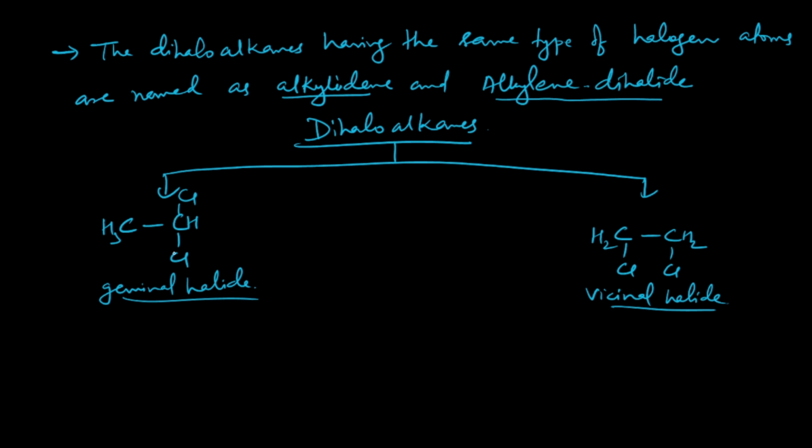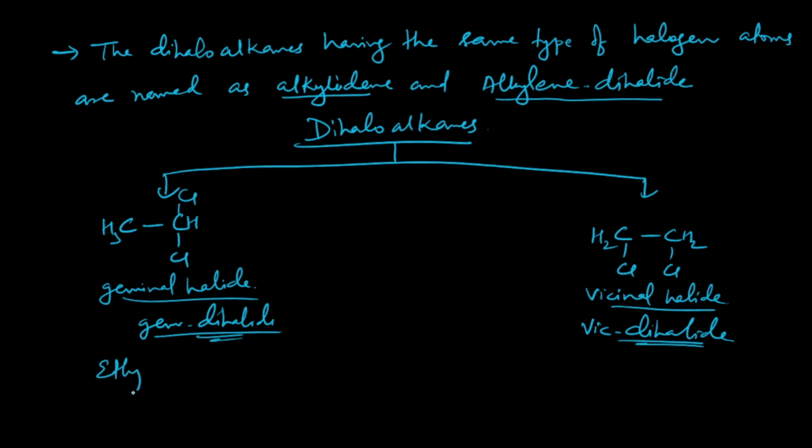At the same carbon, if both halogens are present, we call it geminal halide. So the short form will be gem dihalide. Here the short form will be vicinal dihalide. Keep this in your mind, this type of question they may ask you. Correct? Got it? We know this with another name also.